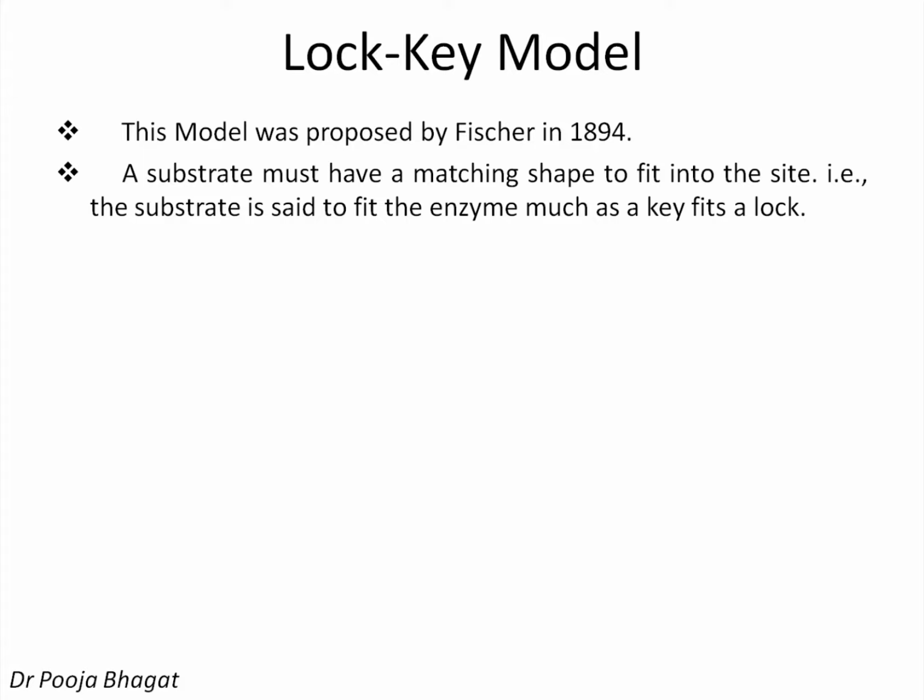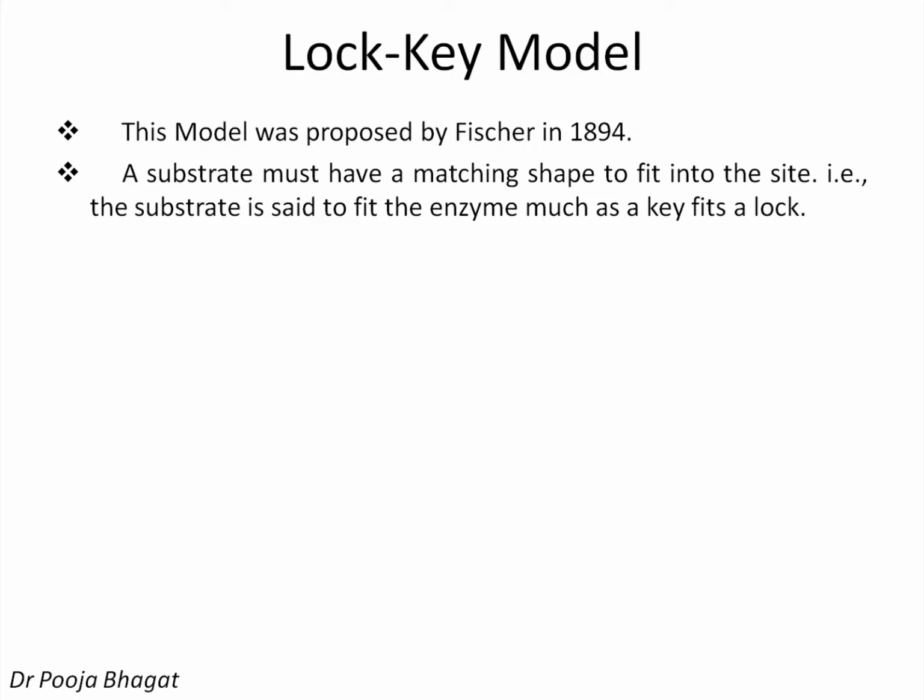So there are two models. One is the lock-and-key model. This model was proposed by Fischer in 1894. A substrate must have a matching shape to fit into the site. That is, the substrate is said to fit the enzyme much as a key fits a lock.